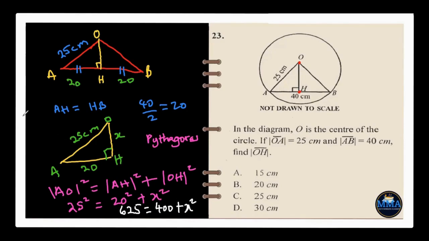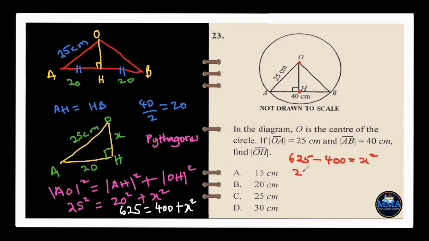All right. Now, if we proceed that way, we're going to have 625 minus 400 equals X squared. Of course, 625 minus 400 is going to give us 225.